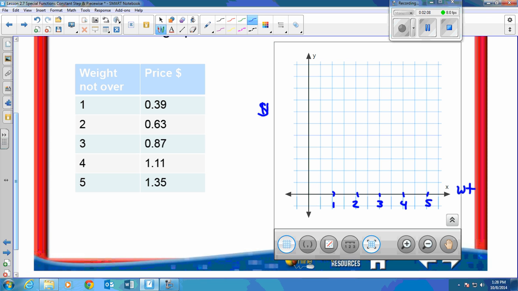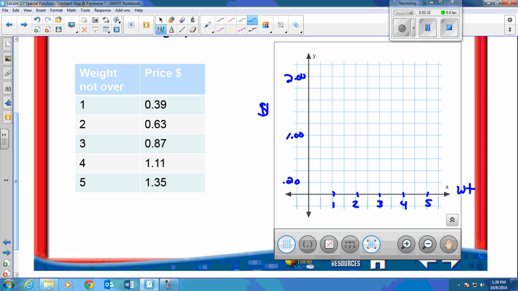So I'm probably going to have to count by what? Well, let's see. 10, 20, 30, 40, 50, 60, 70, 80, 90, $1, 10. That won't work. What else? 20, 40, 60, 80, $1. 20, 40, 60, 80, $2. I've labeled my axes.